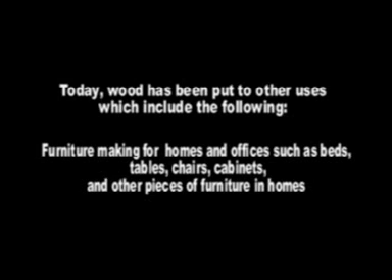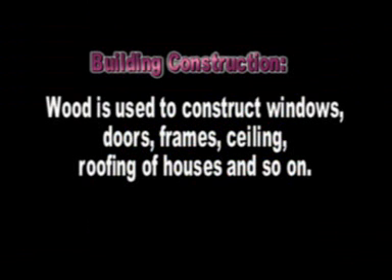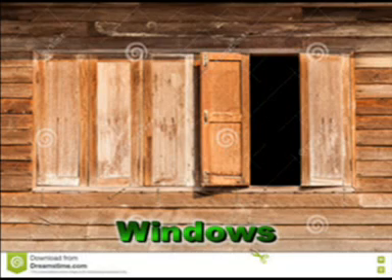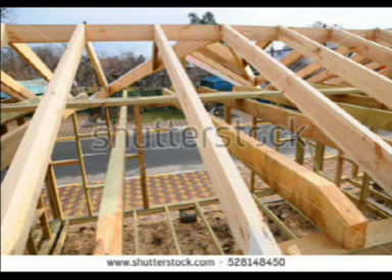Today, wood has been put to other uses, which include the following: furniture making for homes and offices, such as beds, as you can see on the screen, tables, chairs, cabinets, and other pieces of furniture in homes. Building construction: wood is used to construct windows, doors, frames, ceiling, roofing of houses, and so on.